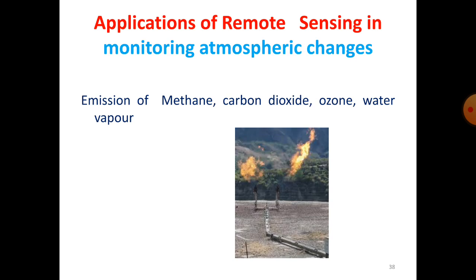Remote sensing is also used to monitor atmospheric changes such as the concentration of various atmospheric gases, which could include emission of methane, intensity of carbon dioxide, ozone, water vapors, etc., which will disturb the atmospheric layers.